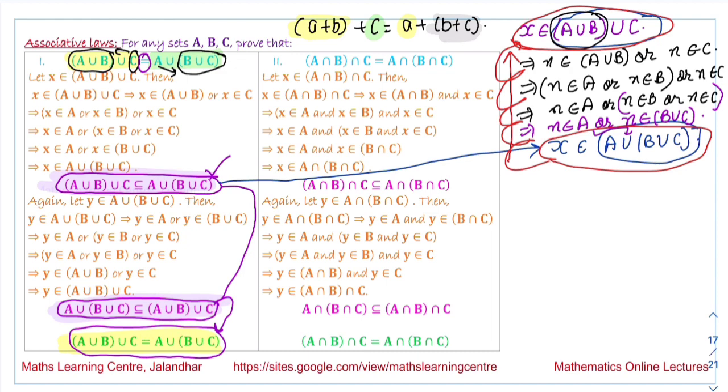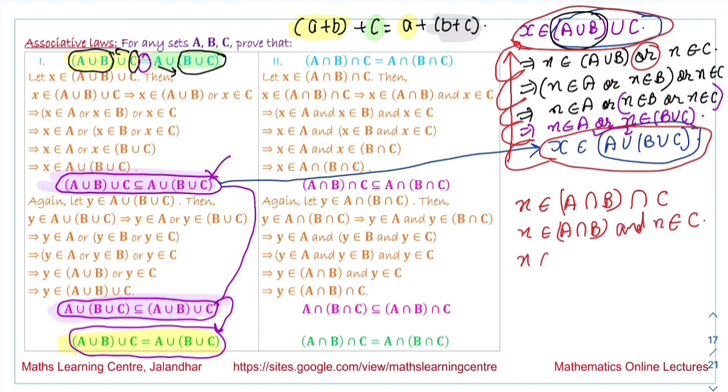Similarly, for the intersection part, if we use "and" in place of this "or", what we get is X belongs to A intersection B intersection C. It means X belongs to A intersection B and X belongs to C. That is, X belongs to A and X belongs to B and X belongs to C. So just in place of this "or", we are getting "and" over here.